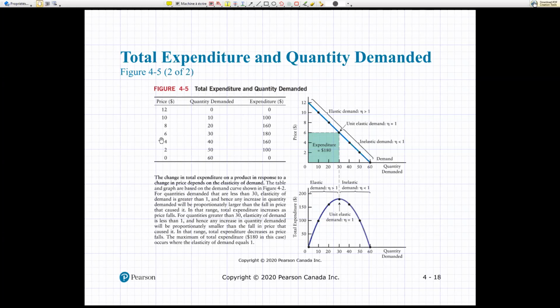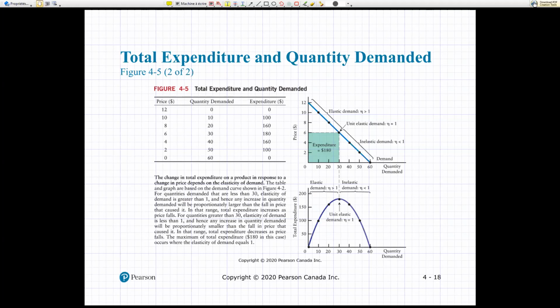Given price and quantity demanded, compute the expenditure, and you see that the expenditure is maximized here. You can also use these to compute the elasticity, and you'll see that you get unit elasticity exactly at that point. So just apply your definition and remove the minus signs when they ask you to not put minus signs, and you get the right answer.